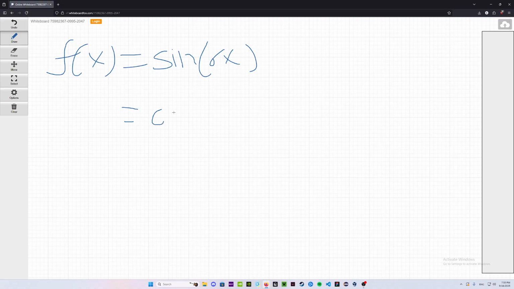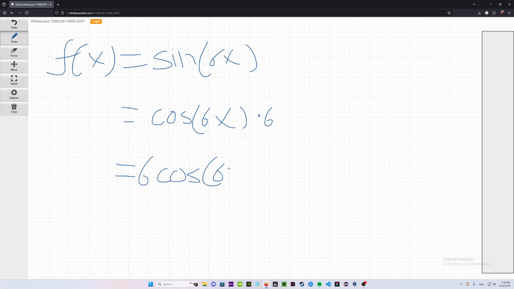It's going to be cosine, and then we keep the argument the same. But then, what's the derivative of the inside, 6x? It's just going to be 6, and you multiply that times this. So you end up with 6 cosine 6x, like that.